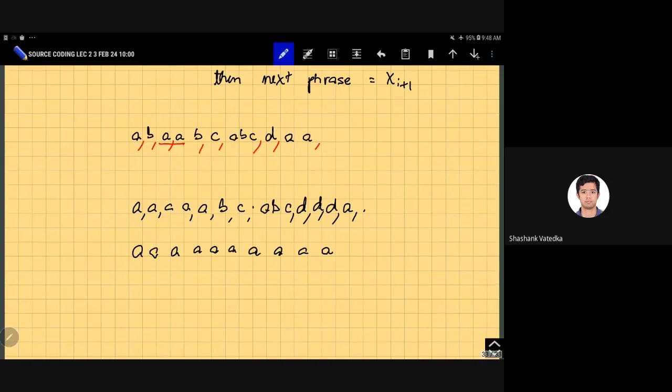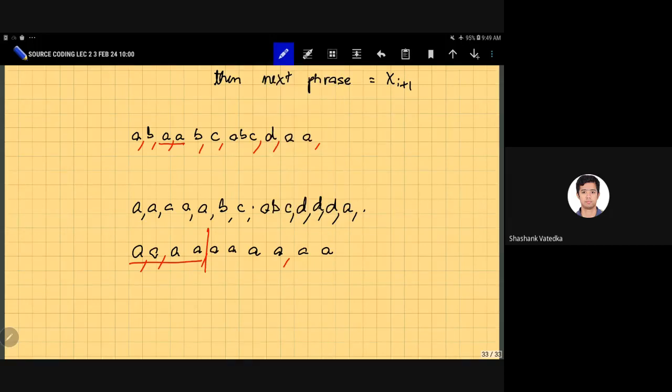It is just A. The second phrase, A. Third phrase is AA. Fourth phrase is, so what is the longest match? So we're here, right? So the longest match is with 4 A's. So that is going to be our fourth phrase.